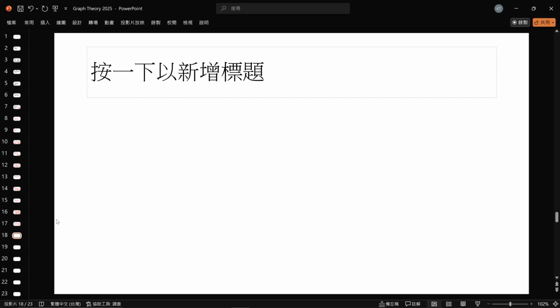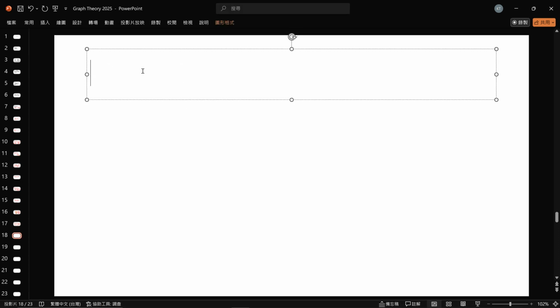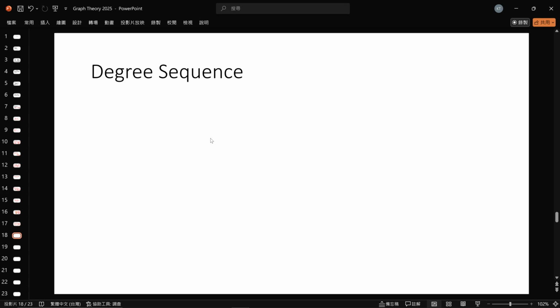But this time, you need to design algorithms. So let me first give you some examples of the problem. The input for the following problem is a degree sequence.